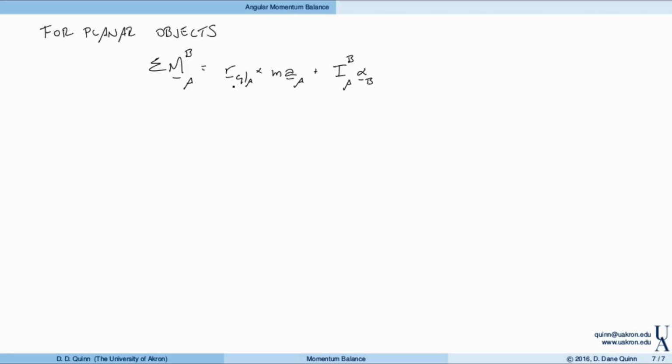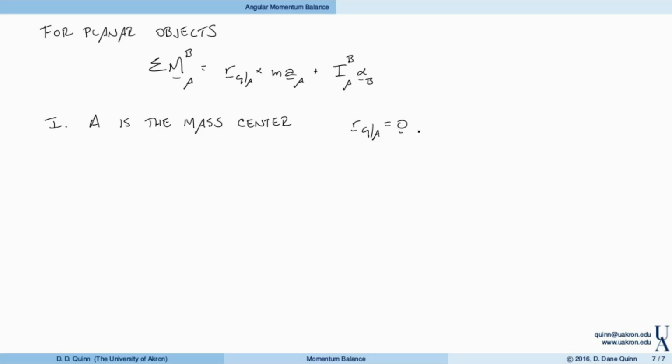However, there are three cases where this first term vanishes, and we're left with the sum of the moments equal to I alpha. Case 1 is if r of G with respect to A vanishes, which means that A is the mass center. If we take the sum of the moments about the mass center, then r of G with respect to A equals 0, because G and A are coincident.